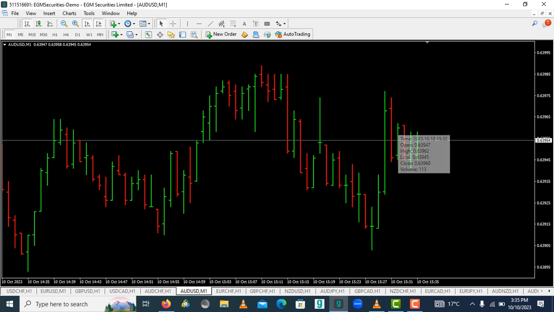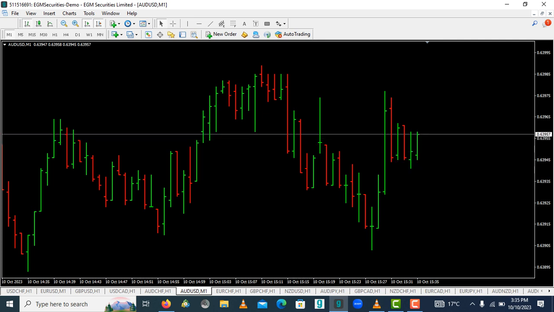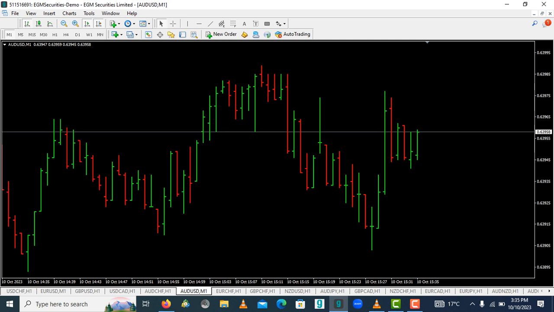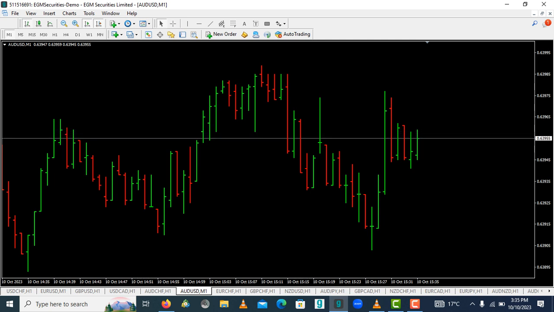So a bar has several details as opposed to a line chart. It will have the opening price, the lowest, the highest, and the closing price. That's another way of presenting the same information.